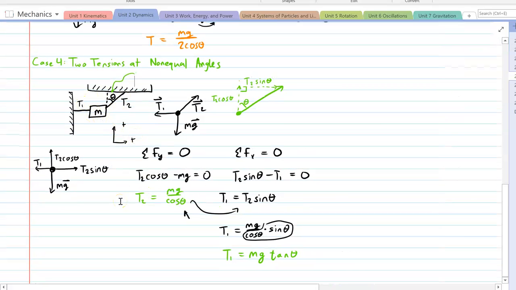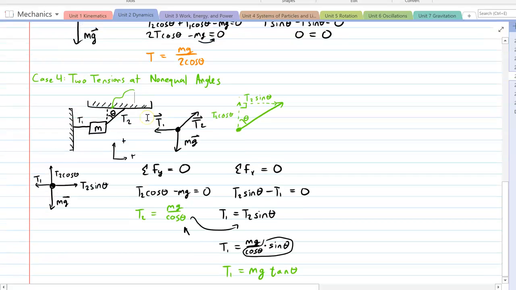And basically this general problem solving strategy can be applied to any of these types of tension problems or normal force problems. You just have to get used to this strategy. I wouldn't be too bothered making sure you know every single case, but just knowing the strategy for each case, or pretty much all the cases.